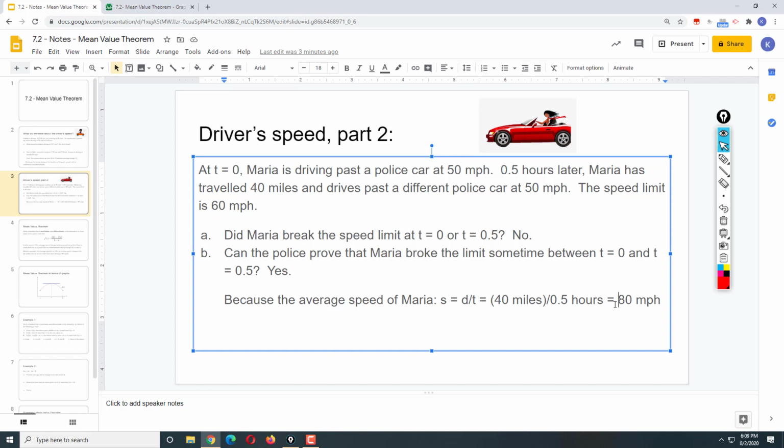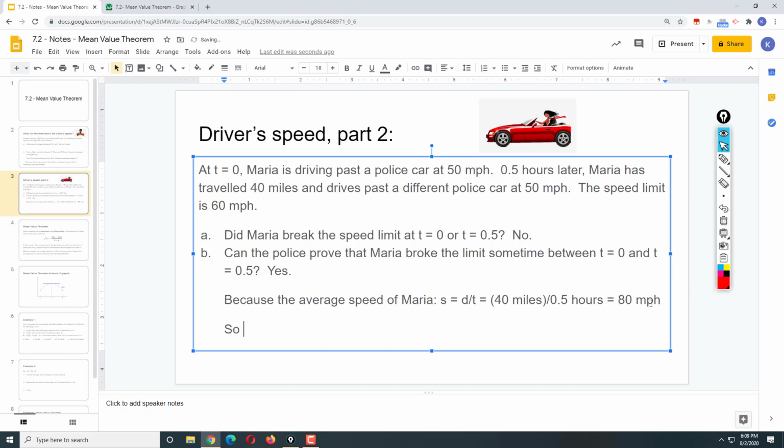That's the only way for the average to be 80. So, in other words, if the average is 80, at some point she has to be driving at 80 miles per hour. 80 is higher than 60. So, yes, Maria has broken the speed limit.